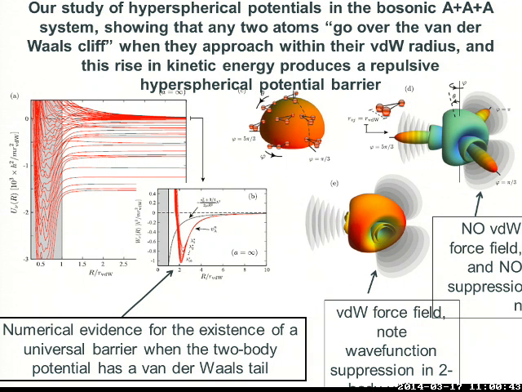You can see there's a big suppression of the three-body wave functions in those valleys, the two-body valleys of the three-body Hamiltonian. On the other hand, for a 1 over r squared potential, there is far less suppression. The wave function extends much more robustly into the two-body valleys. So it really seems there is something very different qualitatively about the van der Waals potential that is suppressing the wave function in these regions.